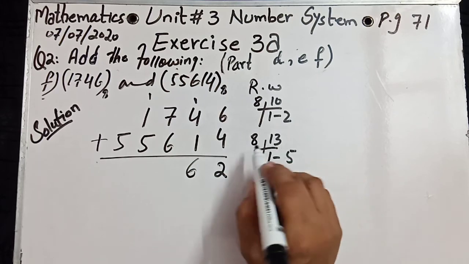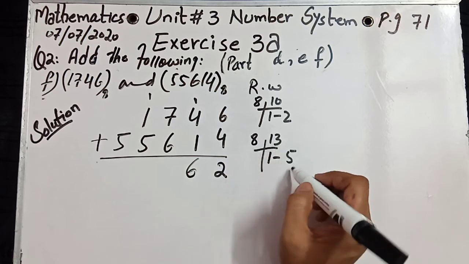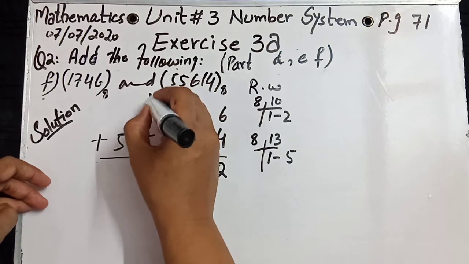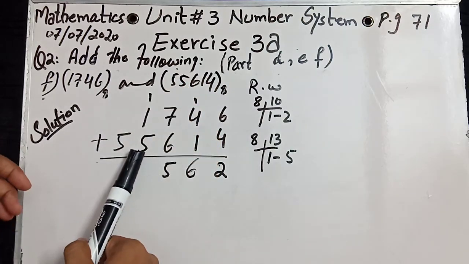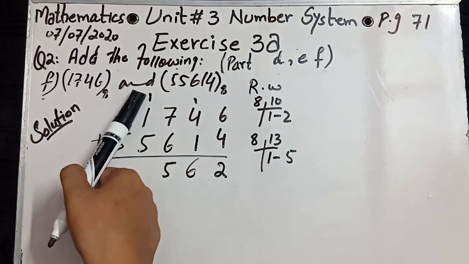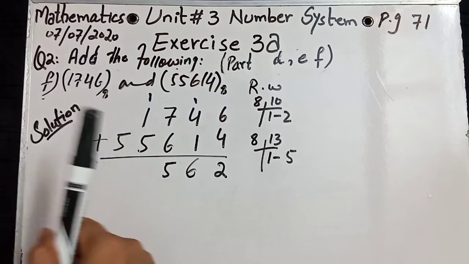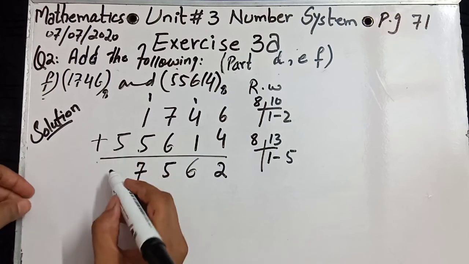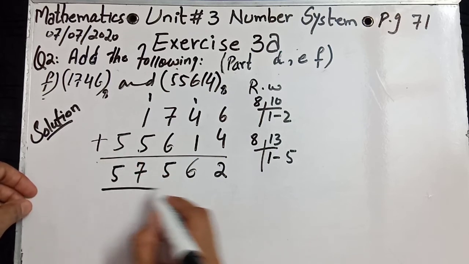It means in base 8 system 13 equals 15. 5, 1 carry. 5 plus 1 is 6, 6 plus 1 is 7. 7 is less than 8, so copy it down as it is. 5 as it is copy down.